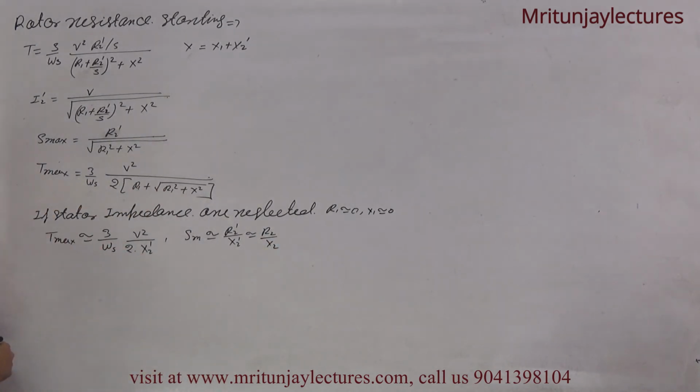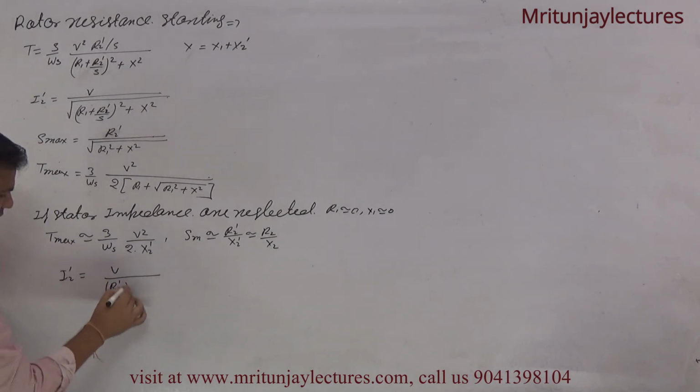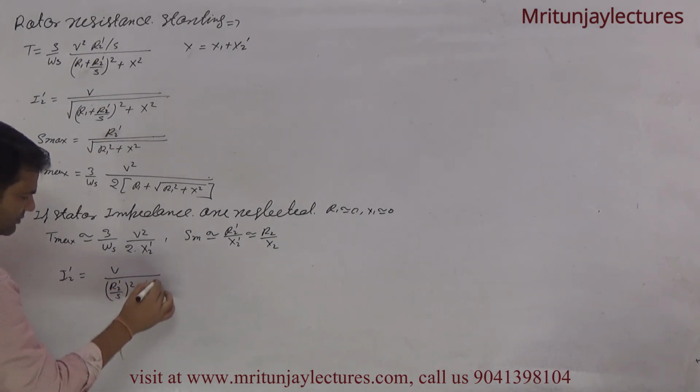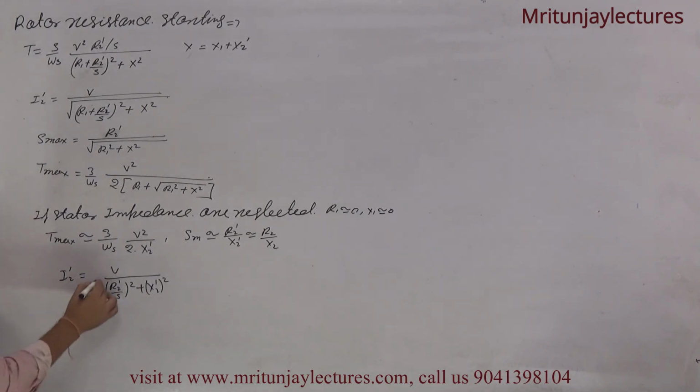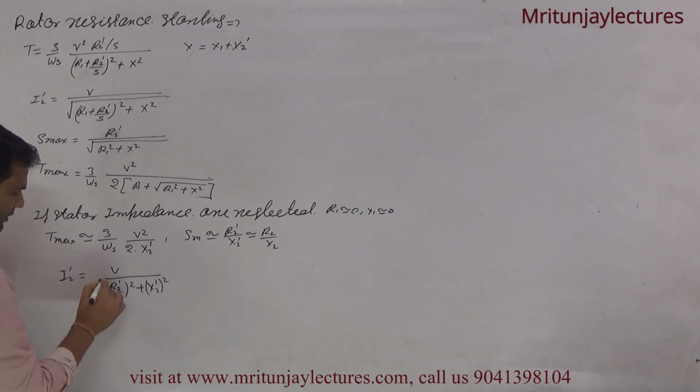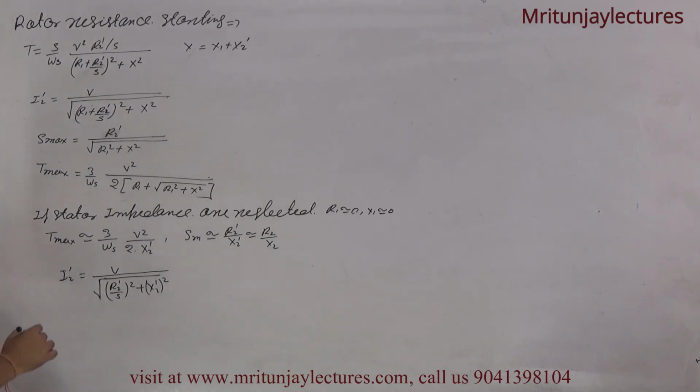Clear? Now, what about current? I2 dash is equal to V divided by under root of R2 dash by S, the whole square, plus X2 dash, the whole square, like this one. Okay.